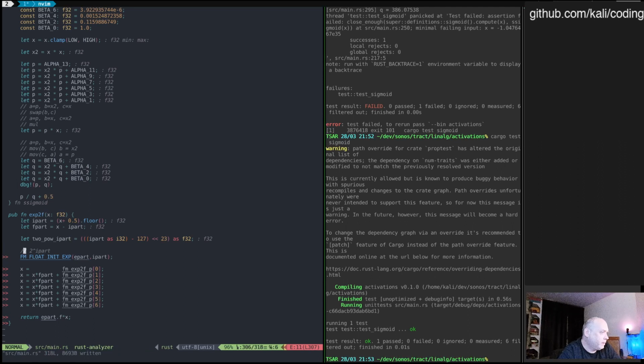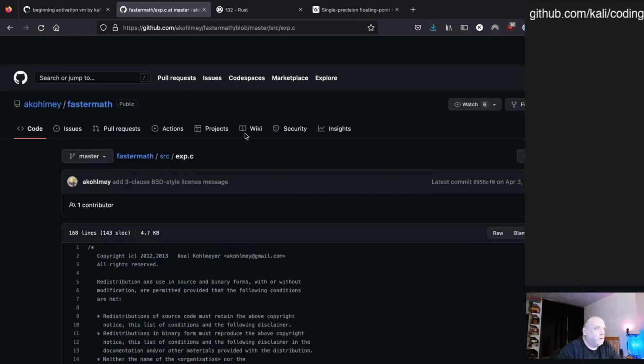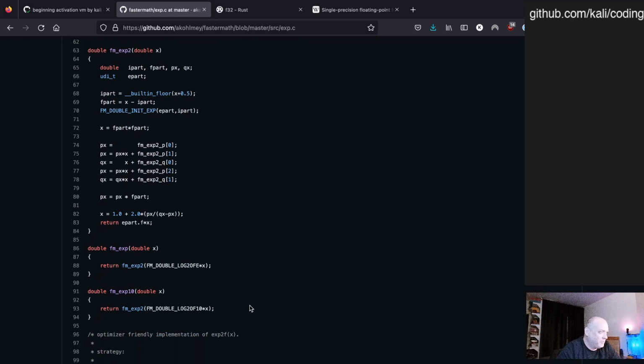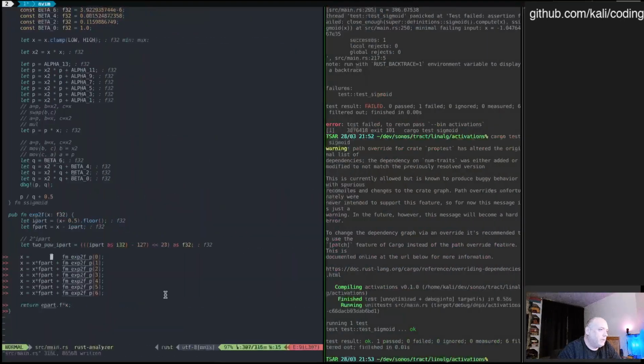Yeah, that bit. I can remove this. So then we have this. So I need to grab the coefficient. Yeah, okay, that's fine. No GPL, no worries. exp2f.